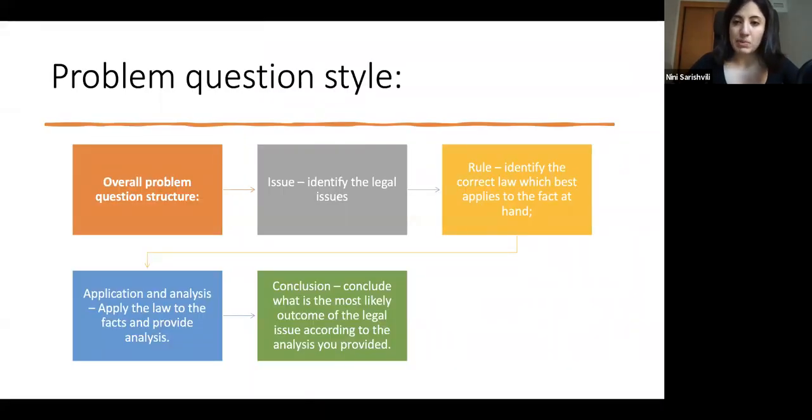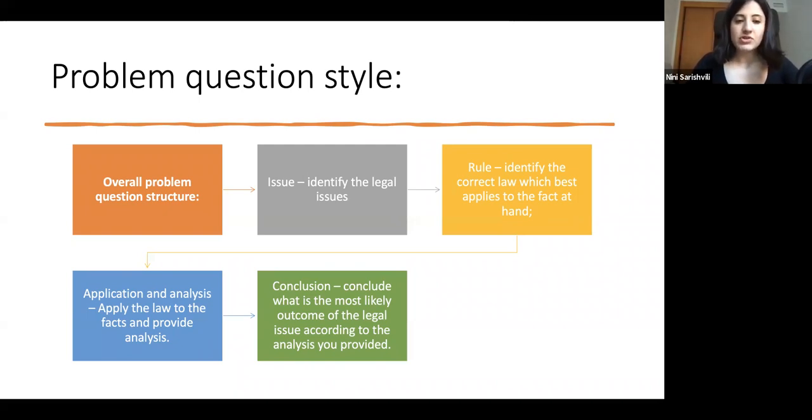How do you answer a problem question? This is the overall structure. Firstly, you need to identify the issues, the legal issues raised in the problem question. Secondly, you need to research the law and find the relevant rule. The third part is the most important and the hardest, application and analysis.